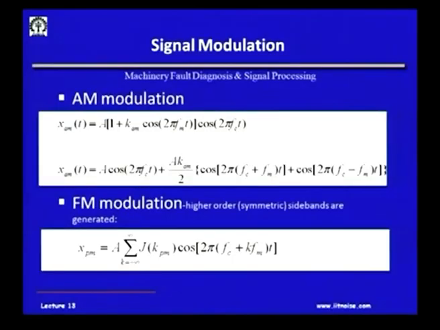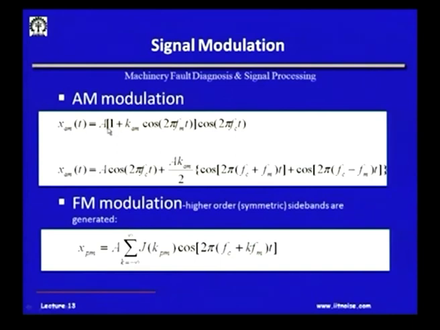Now, as I was telling you, filtering is one method of finding the envelope in a signal, but another method is the Hilbert transform. Before I go into the Hilbert transform, I just wanted to briefly tell you about amplitude modulated signals.